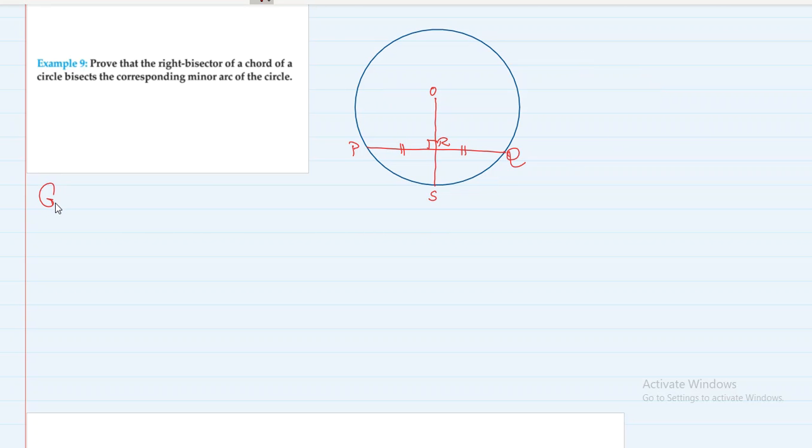So in given, we will write that OR is the perpendicular bisector of PQ.